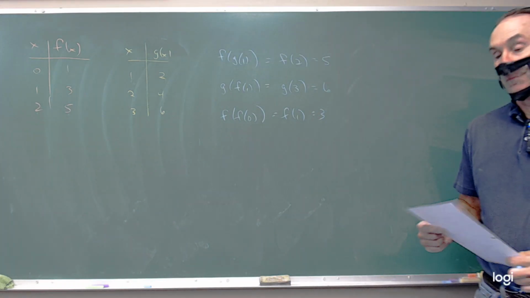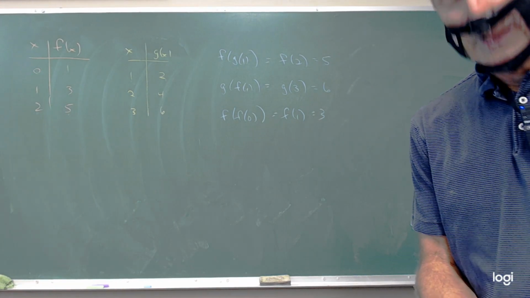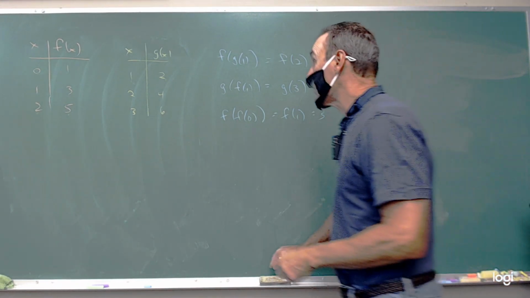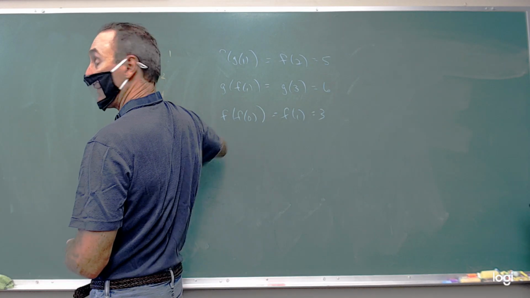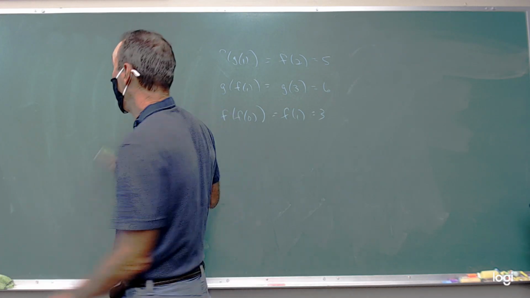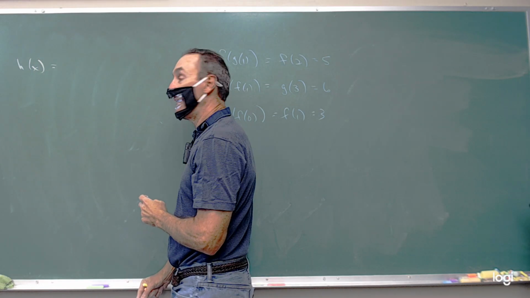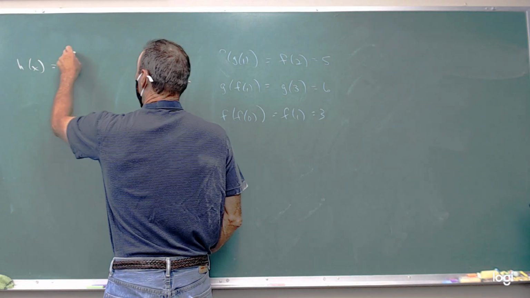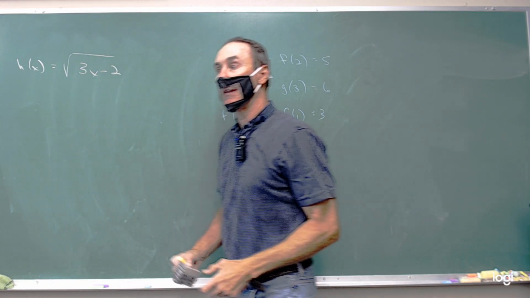Make sense? Okay. So I'm going to play a little game here where I'm going to give you a function, h of x, that is the composition of two functions, f and g, and you can try to find the f and g. So h of x is going to be equal to, we will say, the square root of 3x minus 2.